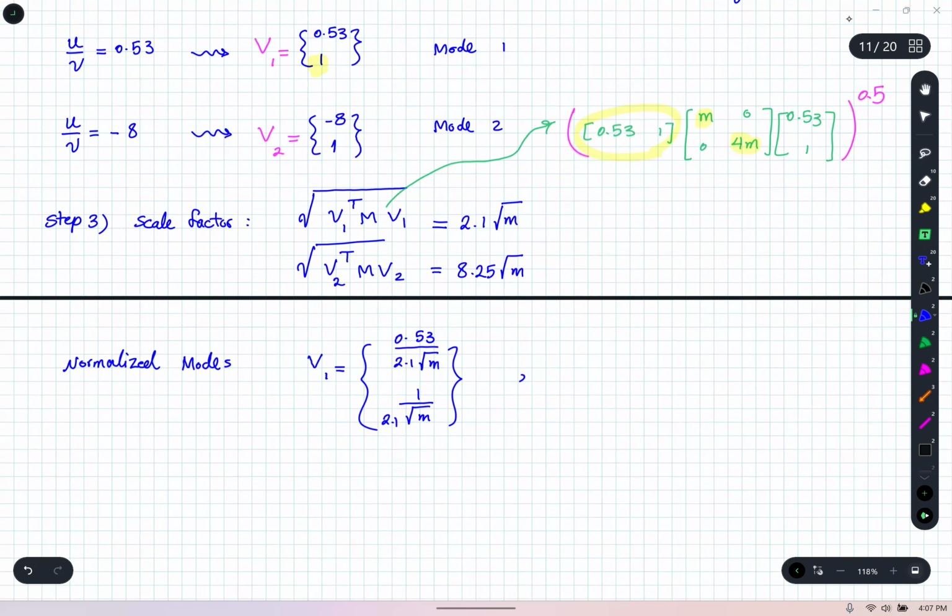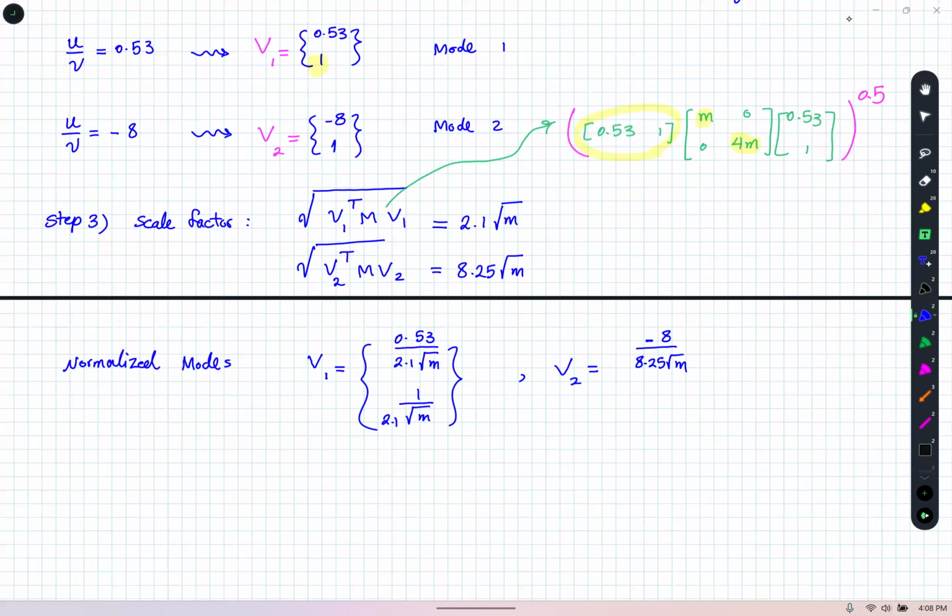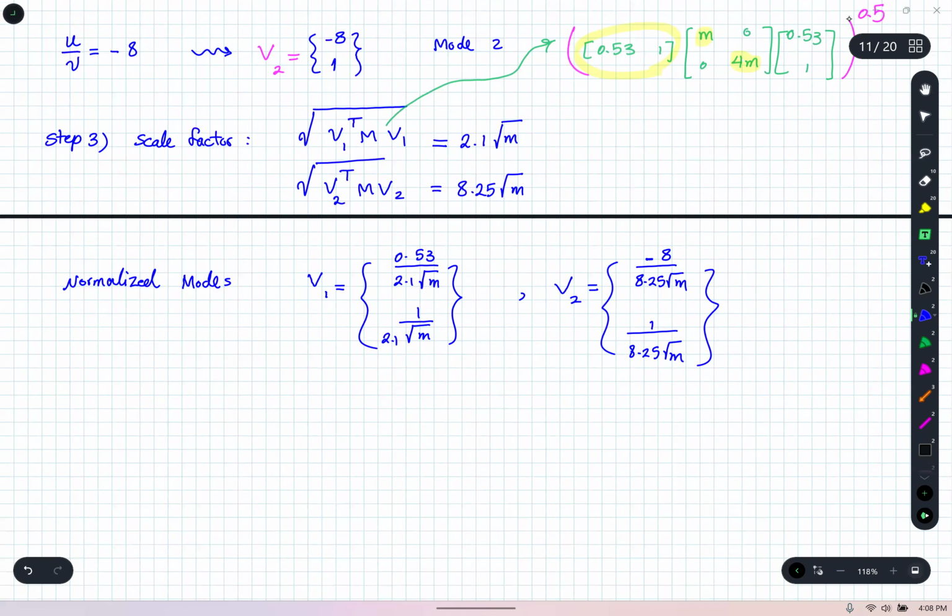And V2 is actually -8 divided by 825 and 1 825 square root of m. The solution is easy, just the algebra is tedious.